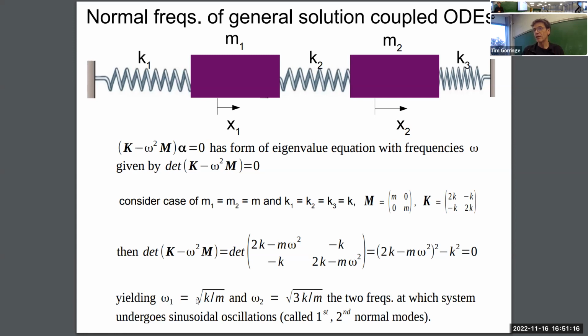There's this one here, where omega squared is K over M, and this one here, where omega squared is 3K over M. So these are the two frequencies at which we'll see sinusoidal oscillations of the masses at the normal modes, and they're called the first and second normal modes.